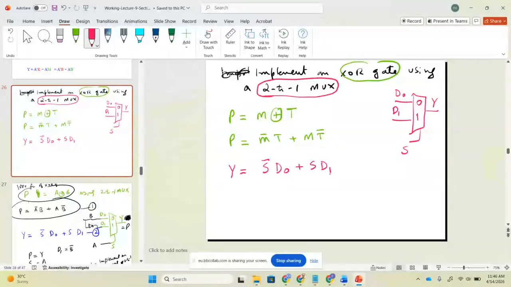So now there are two equations, equation number 1 and equation number 2. If you compare equation 1 and equation 2, what is P now?